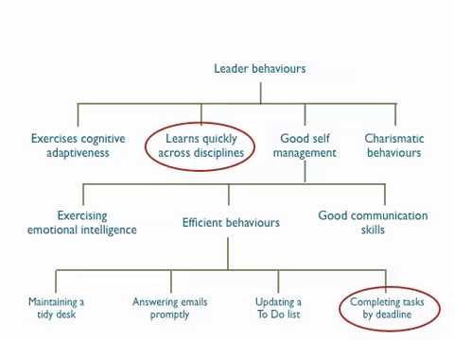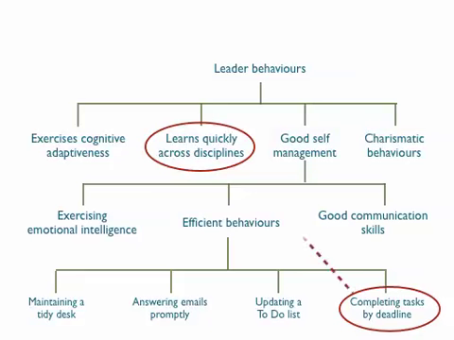It's certainly valid in some circumstances, and we'll examine those in a moment, to consider that completing tasks by deadline is an example of a behaviour that we could call an efficient behaviour. So it does belong in that set of behaviours called efficient behaviours, along with maintaining a tidy desk, answering emails promptly, and updating a to-do list.